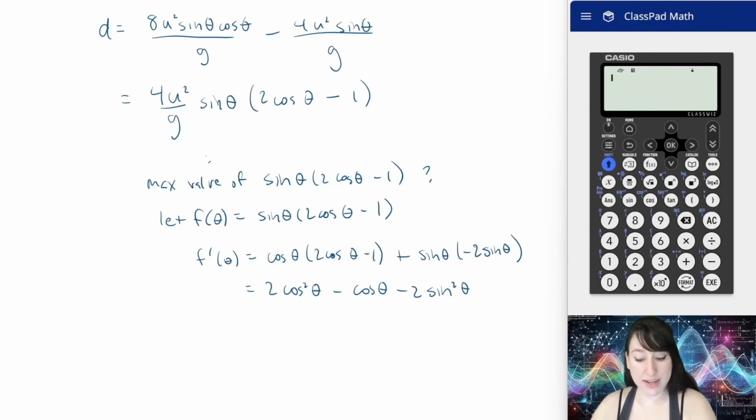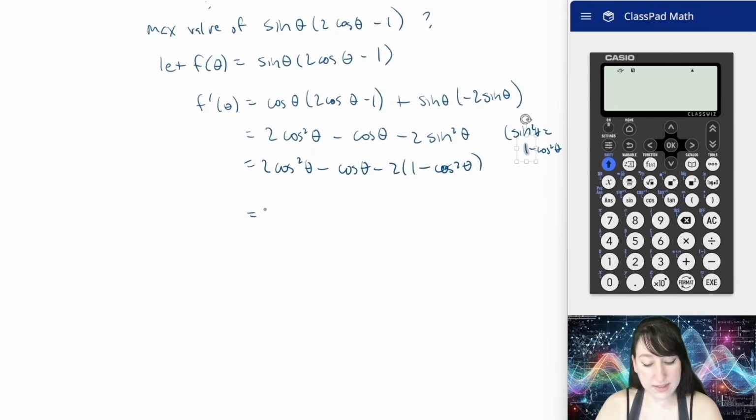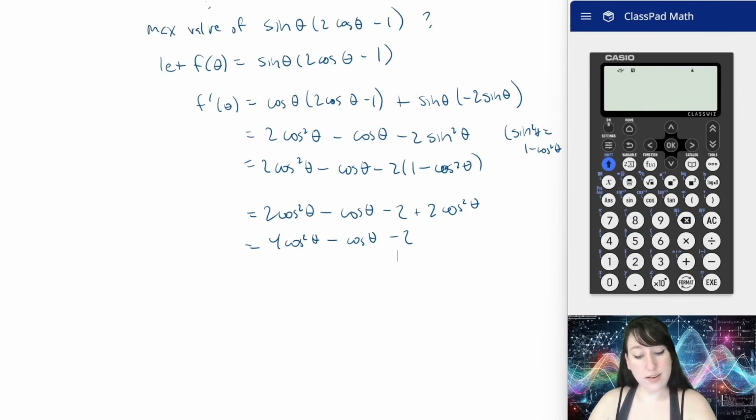From the Pythagorean identity, we know that sine squared is 1 minus cosine squared. So we get 4 cosine squared theta minus cosine theta minus 2. Now, this is the derivative of the function we're trying to find a maximum on, and maximums occur at stationary points. So we're going to set this equal to 0. We'll have to solve it with the quadratic formula.